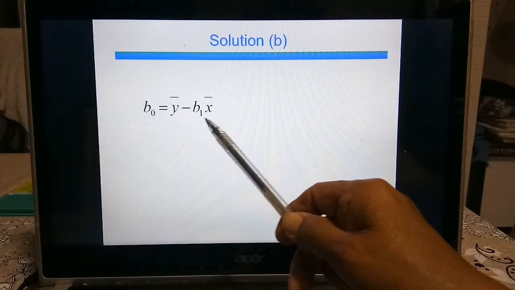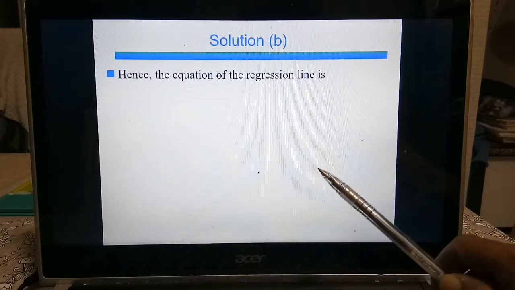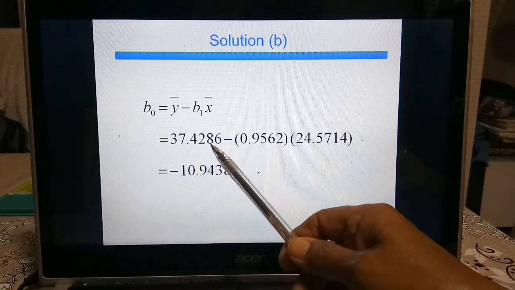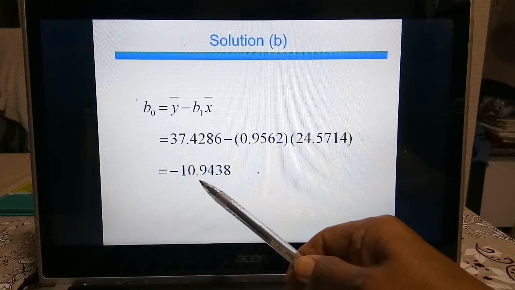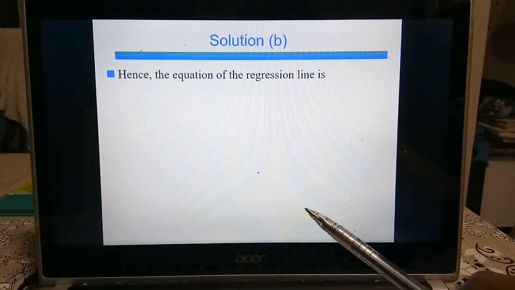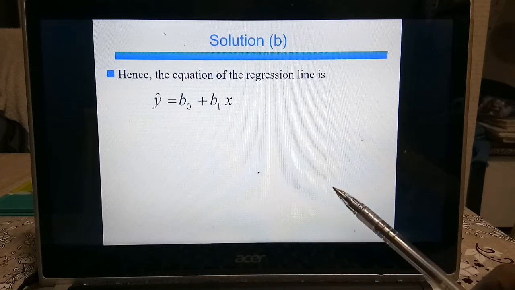Next, we find B0 from the formula Y bar minus B1 X bar. Y bar and X bar we already obtained from the earlier calculation, so we substitute them here, and we get B0. Then the B1 and B0 we obtained are substituted into the regression line equation, given by Y equal to B0 plus B1X.